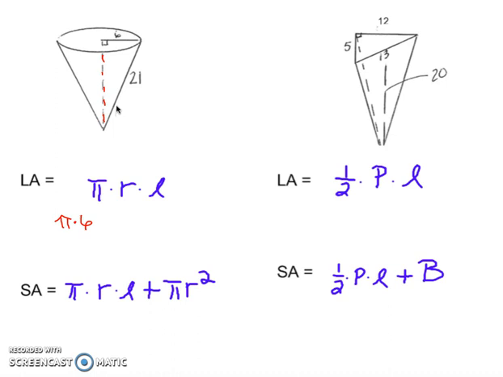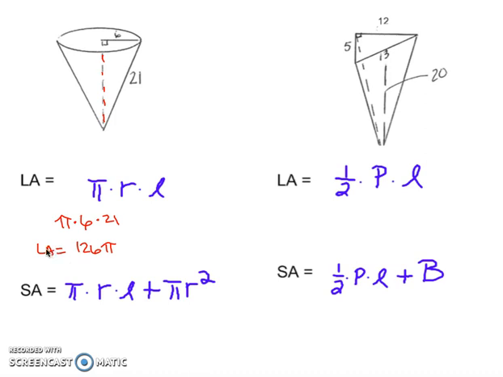So we are going to multiply the pi times 6 by 21. So we have 21 times 6 times pi, and our answer for that would be 126 pi. And that's our lateral area.